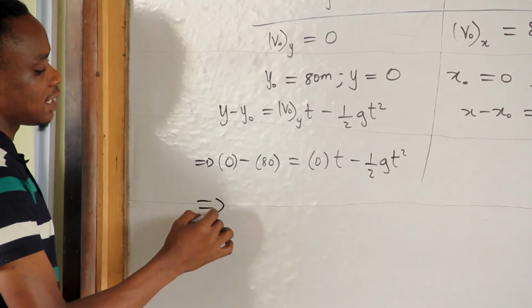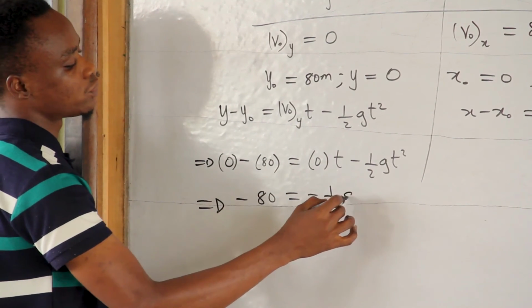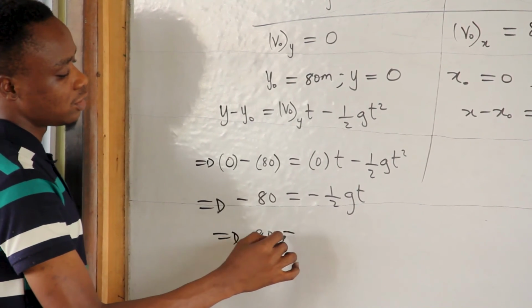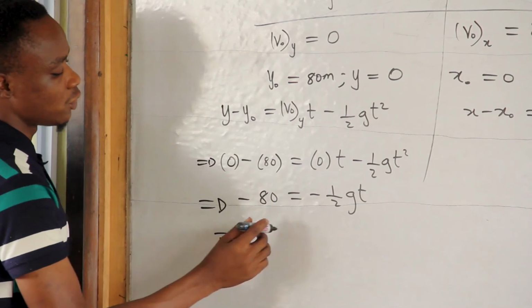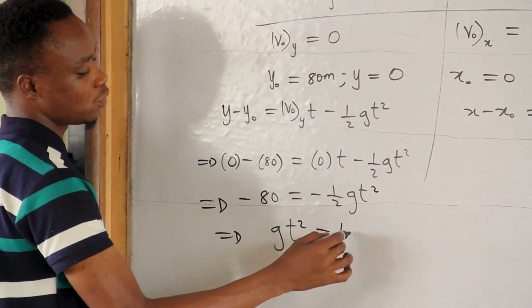So minus 80 equals minus 1 over 2 g t squared, which tells me that g t squared is equal to 160.